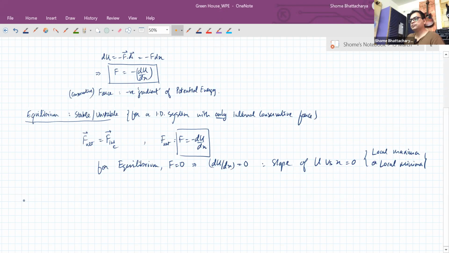So let's do a quick example of this. Okay. x is in meters, potential energy in joules.